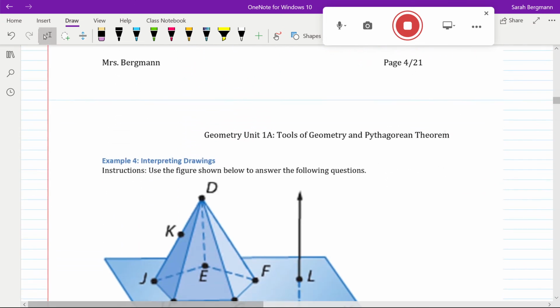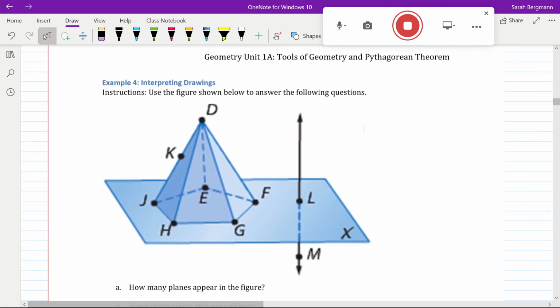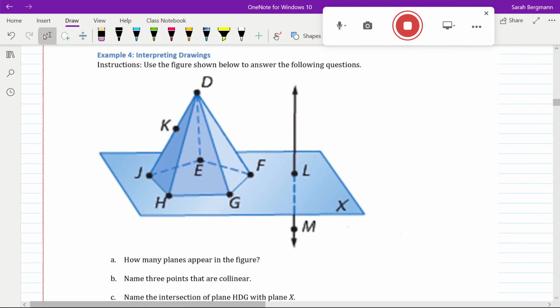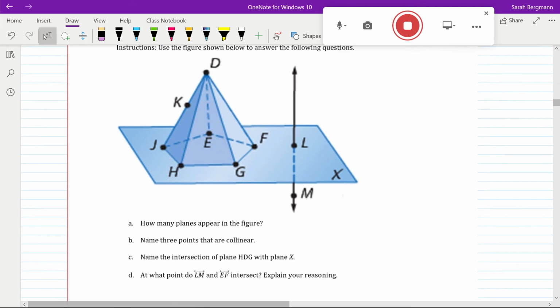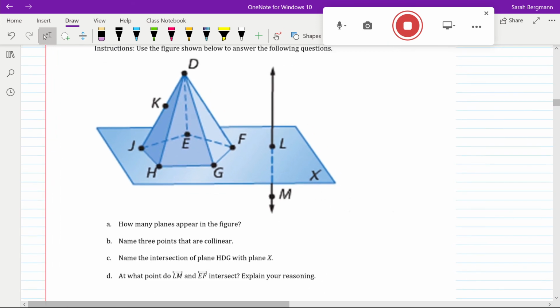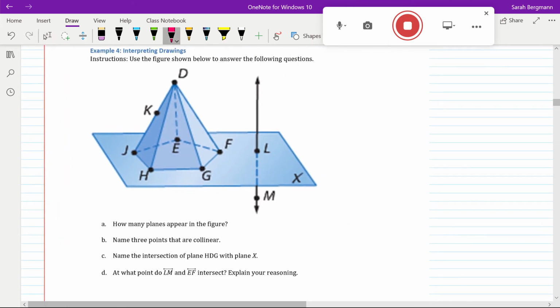All right, last example for today. We are going to use this figure to answer these following questions. So, how many planes appear in the figure? Let's count them up. We have this one. Then we have this three-dimensional figure. So we have 2. Plane 3 is in the back.